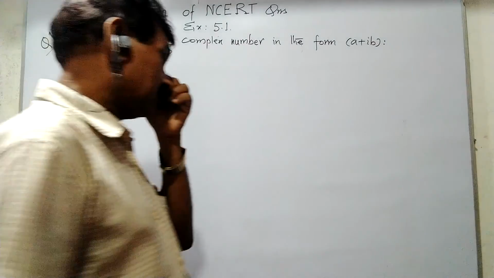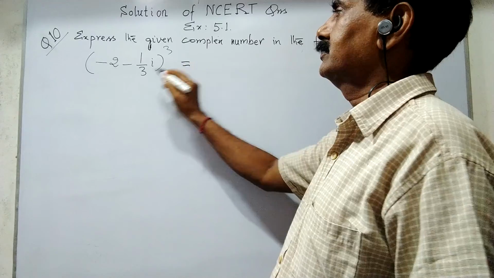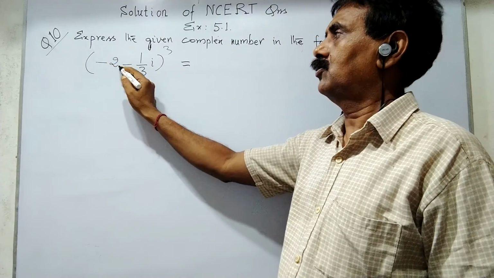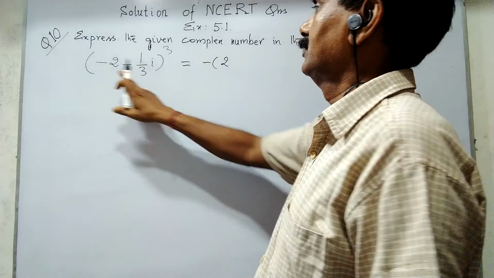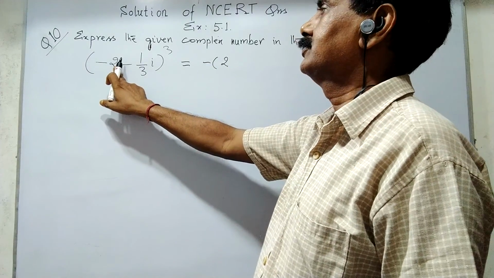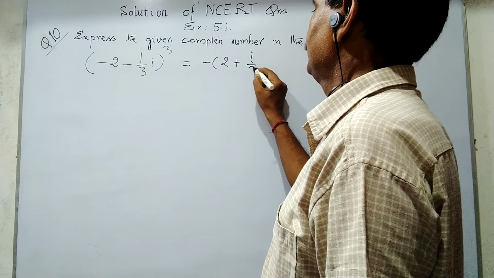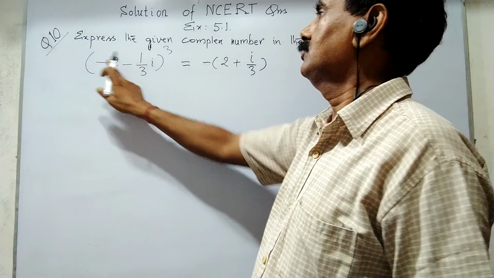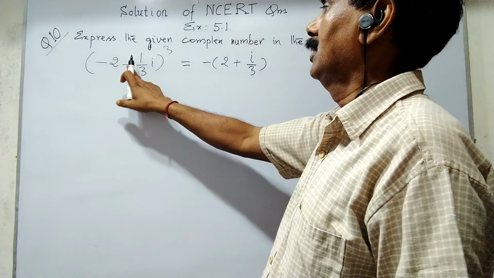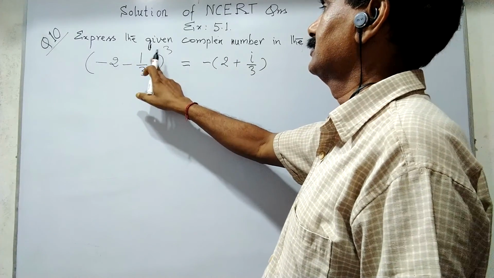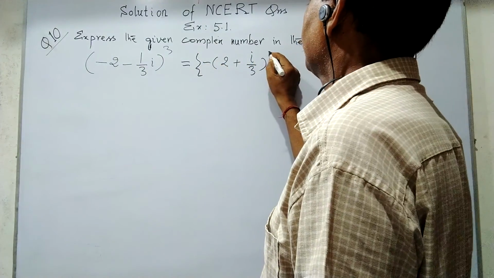Okay, then let us solve it. At first we take minus common here. Minus, then this becomes minus (2 + i/3). We have taken minus common, then this is 2, and this is 1 into i/3, and whole to the power 3.